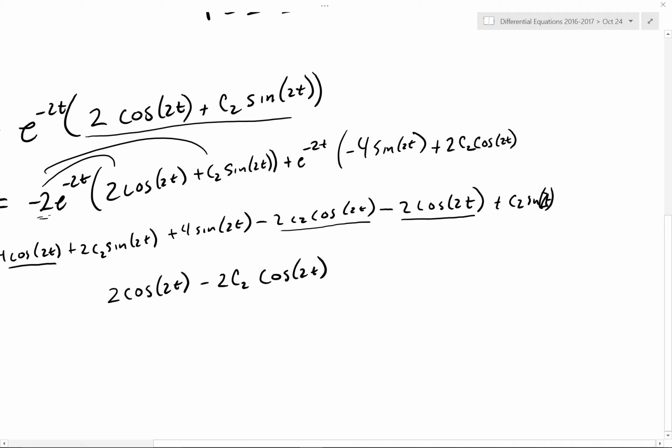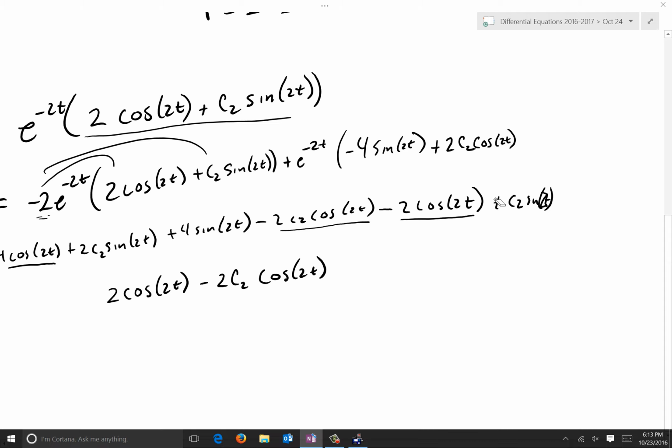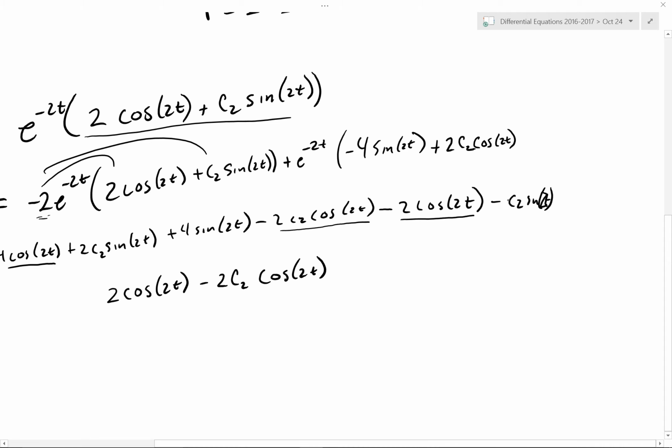And then, oh, I was supposed to subtract that, so that'll also be negative, minus y. There we go. And then I'm going to get a plus 2c2 sine. Well, minus 1, so plus 1 c2 sine 2t. And then I'm going to get a plus 4 sine 2t.